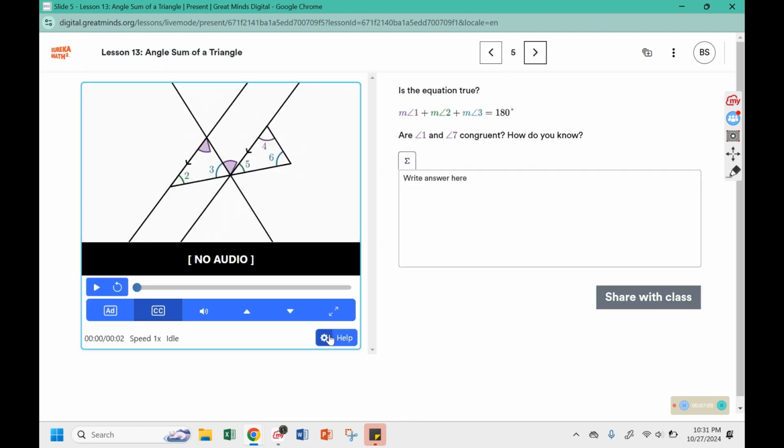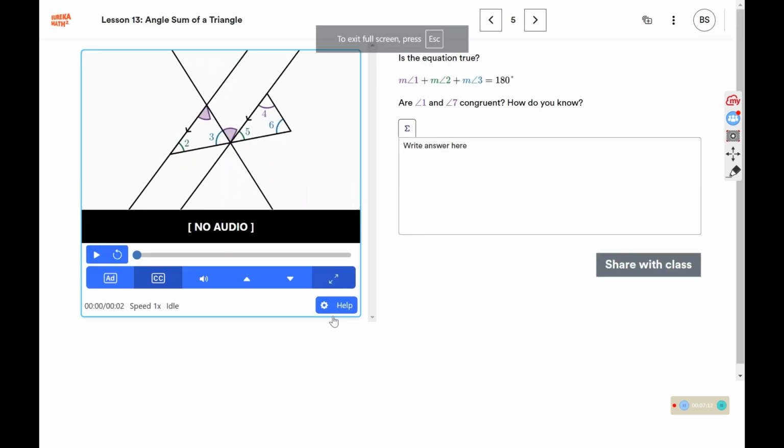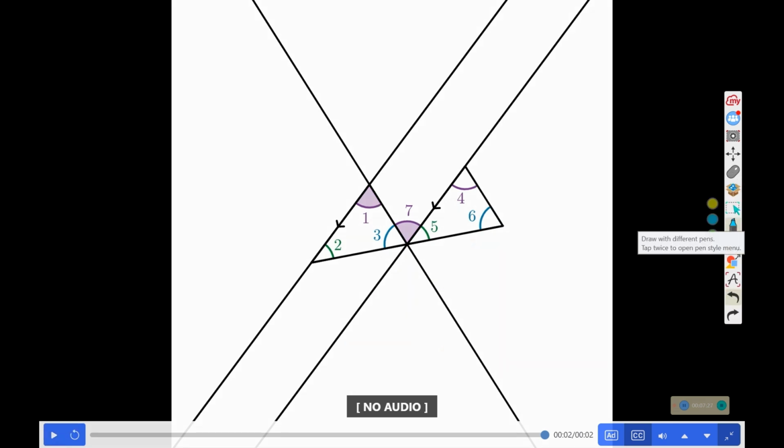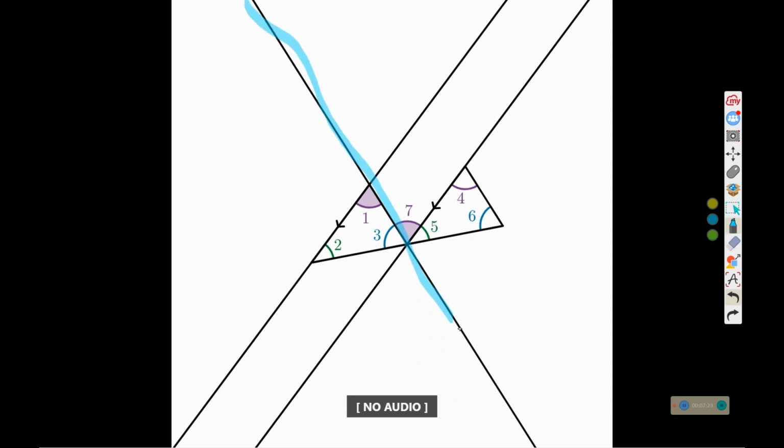Are angle 1 and angle 7 congruent? All right, so here we have 1 and 7. I see a transversal cutting through 2 lines that are parallel.